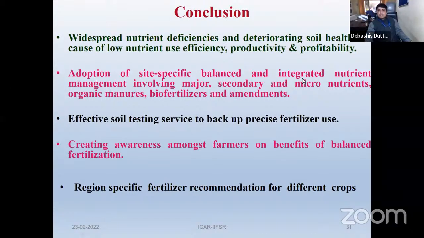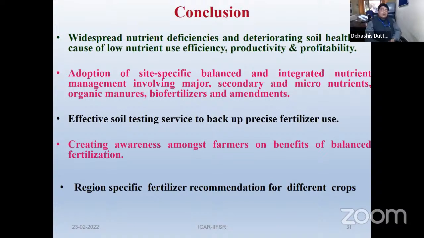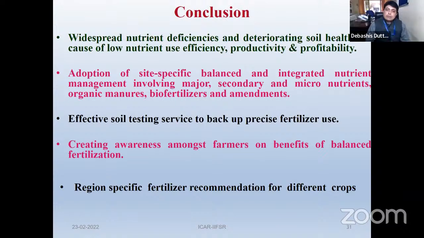Then, adoption of site-specific balanced and integrated nutrient management involving major, secondary, and micronutrients, organic manure, biofertilizer, and amendments. Whenever we are recommending a fertilizer dose, we should consider all the different types of nutrients present in the soils, and calculate accordingly whatever nutrient is present in the organic manure.